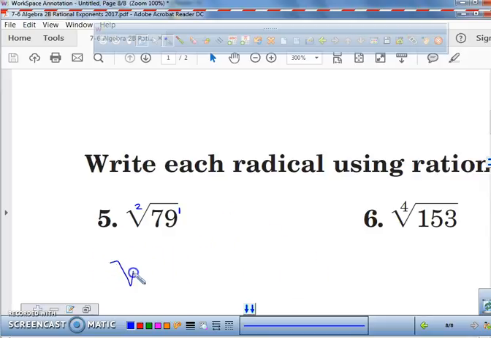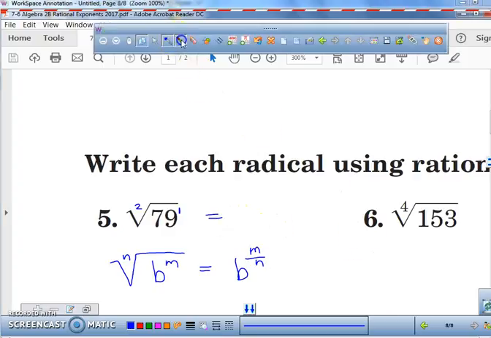Remember, the nth root of b to the power of m equals b to the power of m over n. So let's see if you guys can follow along and change this up. I'm going to highlight something. Here we go. B is going to be in blue.